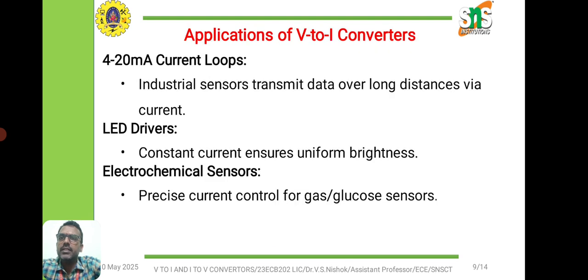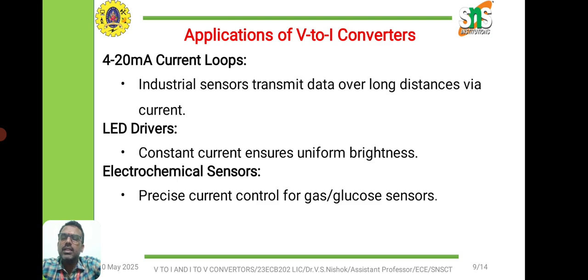These two are very similar, and their applications are mentioned here based on the converter types. First, voltage to current converters are used in current loops, LED drivers and electrochemical sensors.